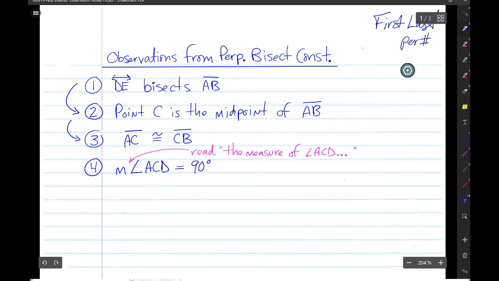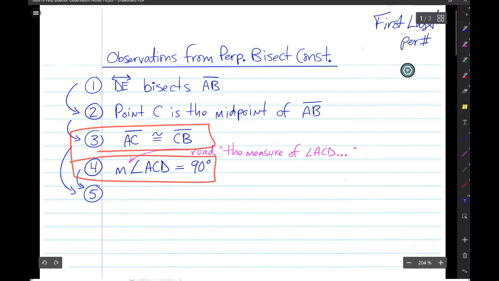But we're now able to make a conclusion statement, which is statement 5. And statement 5 comes from 2 observations. It comes from number 3 and from number 4. So we want to draw 2 arrows, one from number 3 and one from number 4. Essentially what we're saying is we've got this piece of evidence right here that we proved up above, and we also have this piece of evidence that we proved with a tool. And because of this piece of evidence and this piece of evidence, we can now make this statement right here.